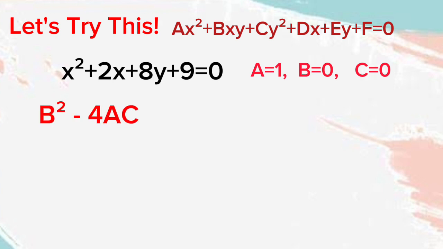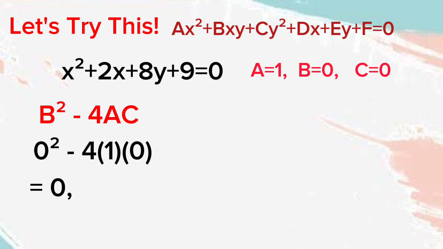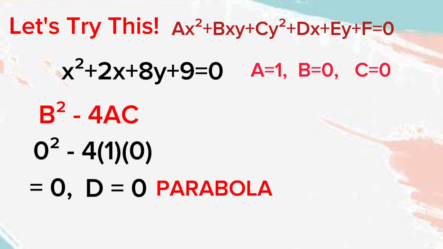Using the discriminant formula, b squared minus 4ac, we have 0 squared minus 4 times 1 times 0, and it equals 0. Since the discriminant is equal to 0, this type of conic is a parabola.